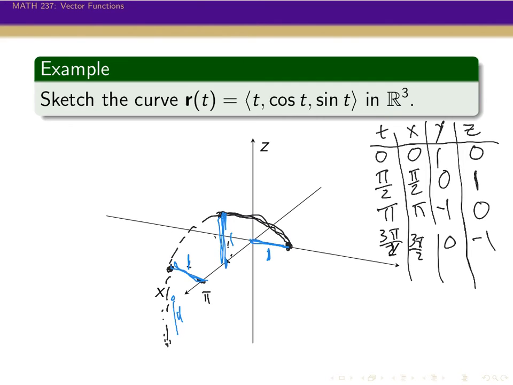Right? And so how can we see that that has to be happening? Well, we've got our cosine and sine right there. If we ignored the x-coordinate completely, the y and the z-coordinate are giving us y squared plus z squared equals 1.